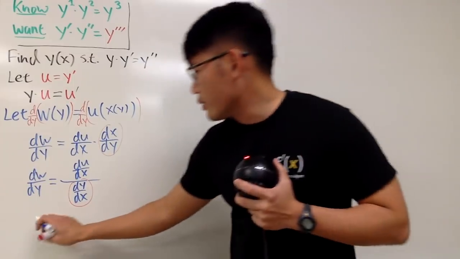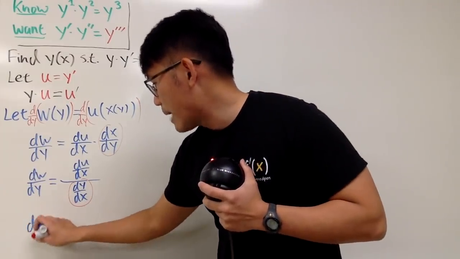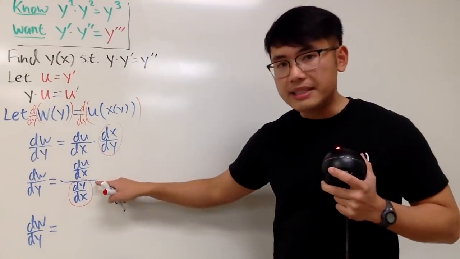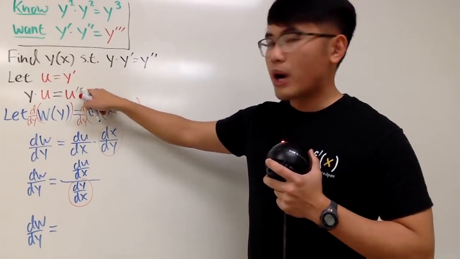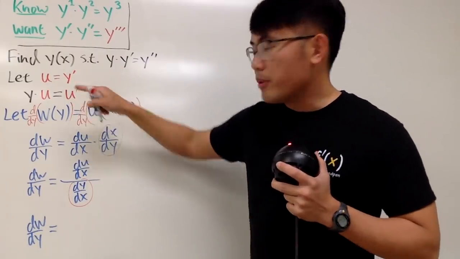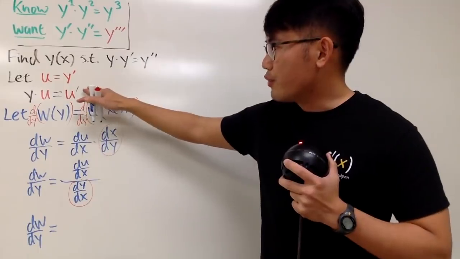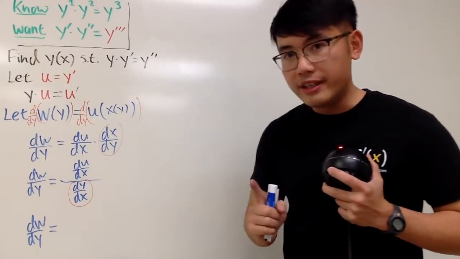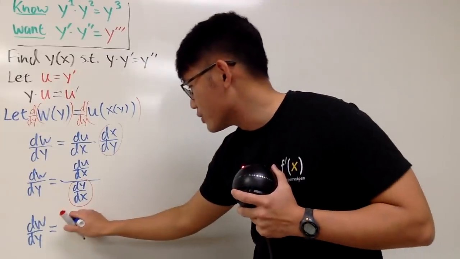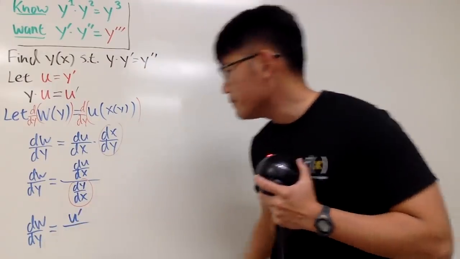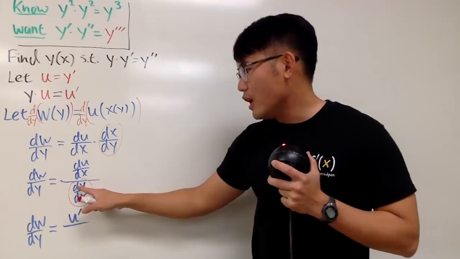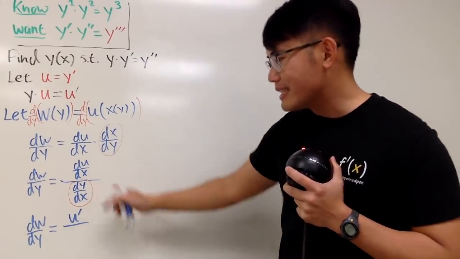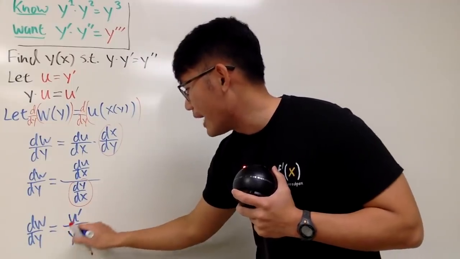And now, let's take a look. So what is dw/dy then? Well, du/dx is precisely our u prime. Now, when you use the prime notation, you have to remember we are differentiating with respect to x. So this right here, I can write down as u prime. So that's good. So we have u prime on the top over, and similarly, when you have dy/dx, you can just use the prime notation to keep track, and that's precisely our y prime.